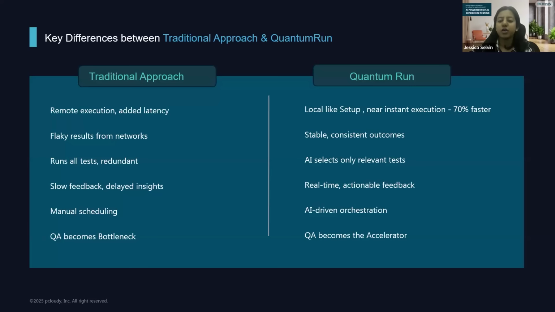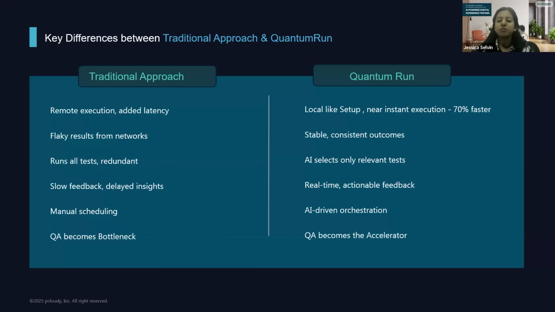Faster feedback: real-time actionable signals are there while developers still have the context. As and when the features are released, around the same time you're getting the feedback, instead of there being a delay or lag in the collaboration between QA and dev. Finally, where QA was becoming a bottleneck, QA becomes an accelerator, giving faster feedback to the developers, and your failures and passes are trusted.